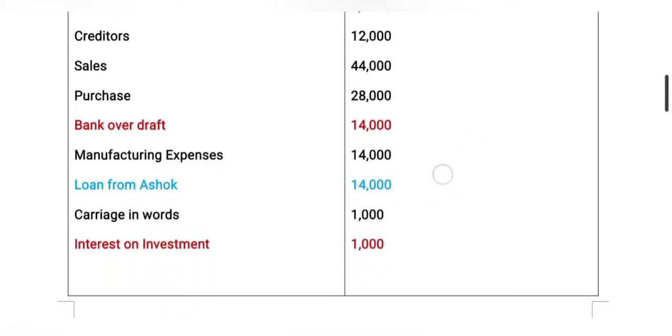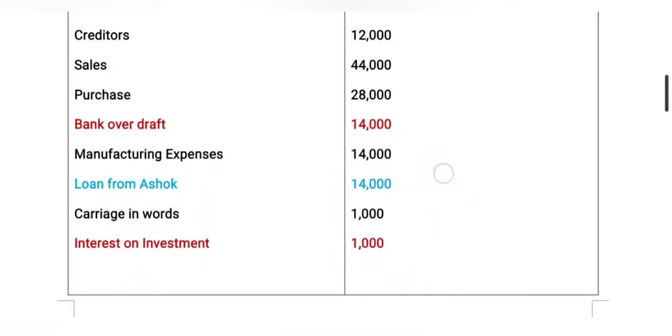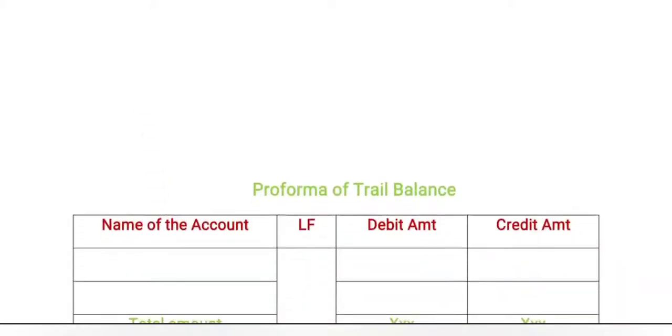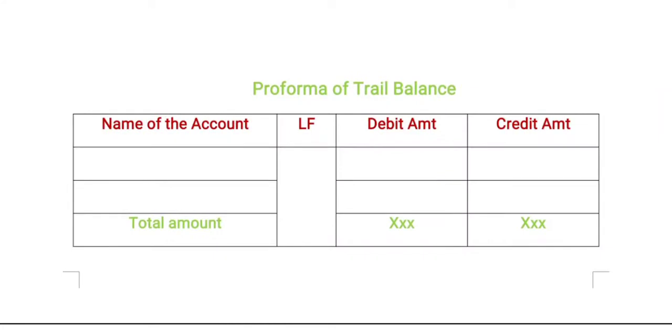Loan from Ashok, it is the credit side of the trial balance. Carriage inwards, it is the debit side of the trial balance. Investment interest is the credit side of the trial balance. It is an income. We go to the pro forma of trial balance, which we already explained in the previous class.